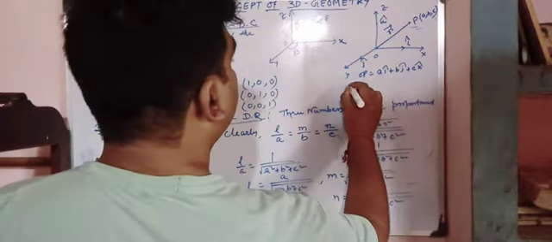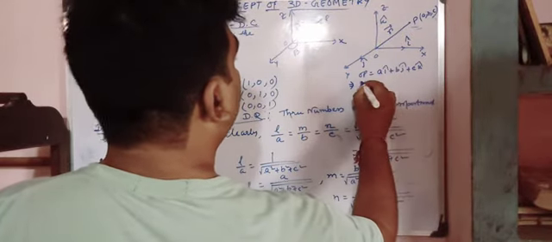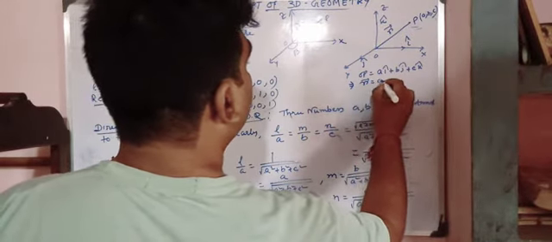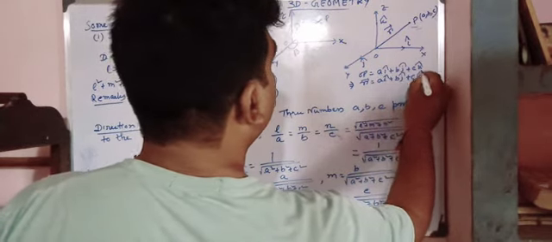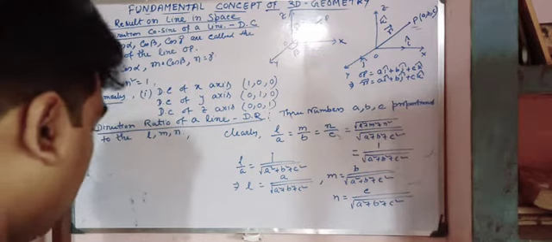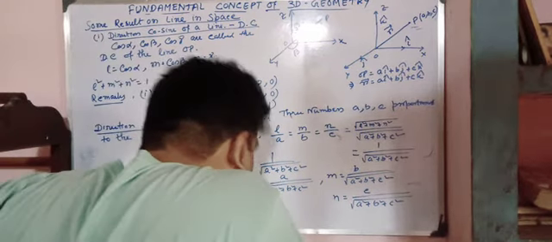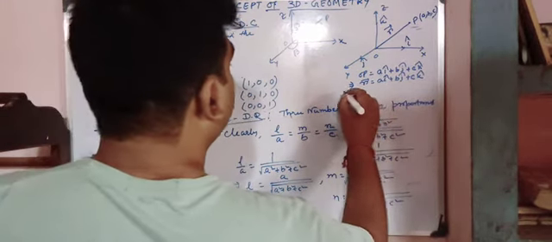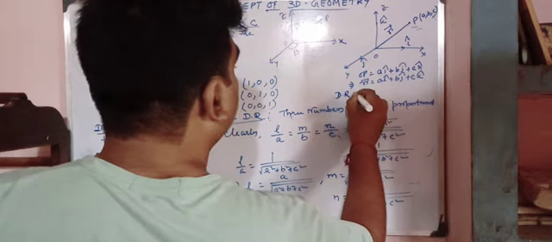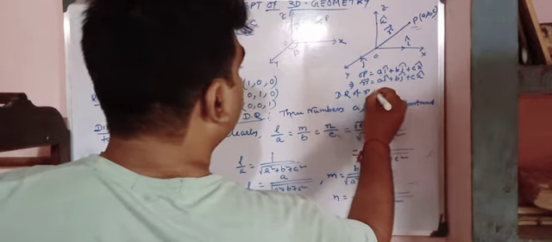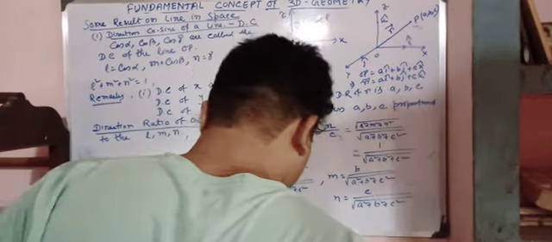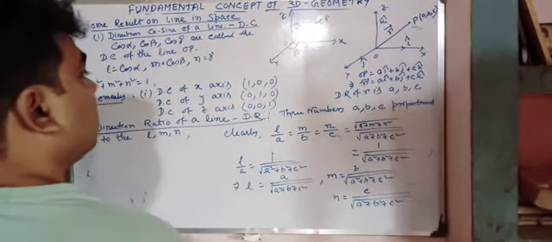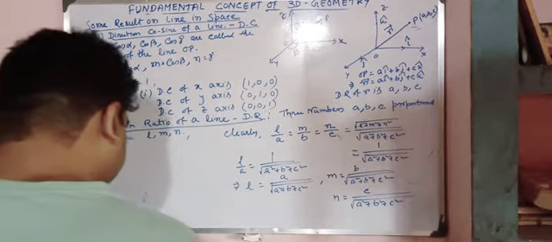That means the r vector is equal to A i hat plus B j hat plus C k hat. So we can say that the direction ratio of r is A, B, C.